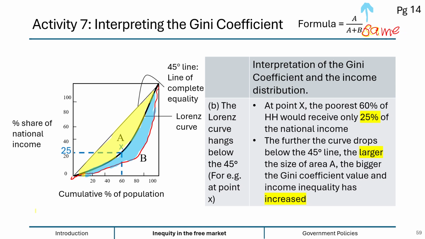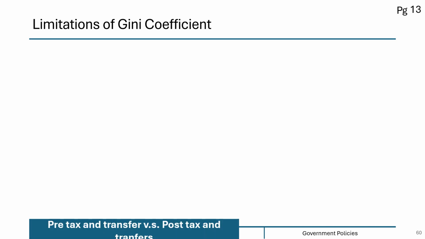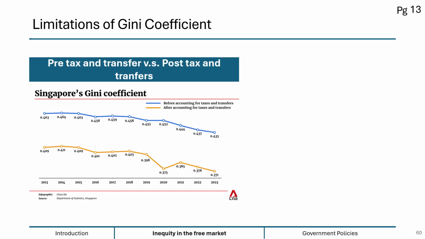Now we move on to the limitations of the Gini coefficient. First thing first is we need to be sure whether we are looking at the pre-tax or post-tax coefficient. Different countries, when they calculate the Gini coefficient, some use pre-tax income, some use post-tax income, and therefore the Gini coefficient derived is different.